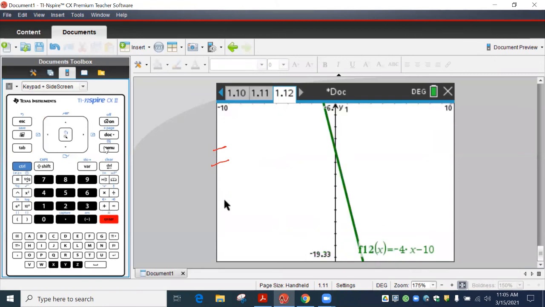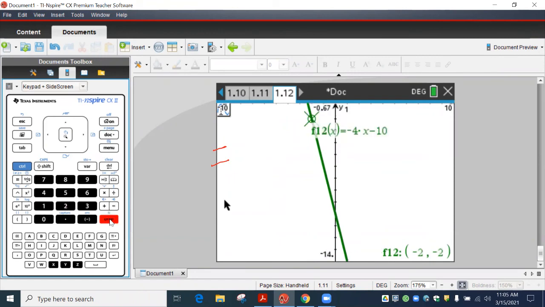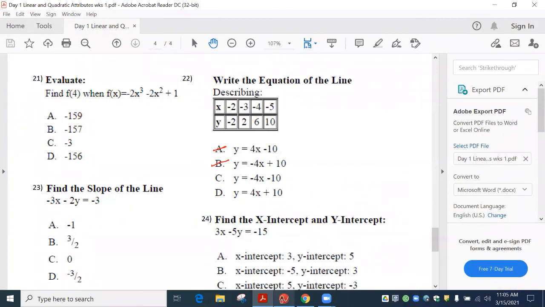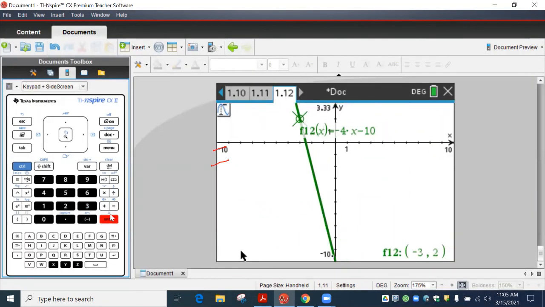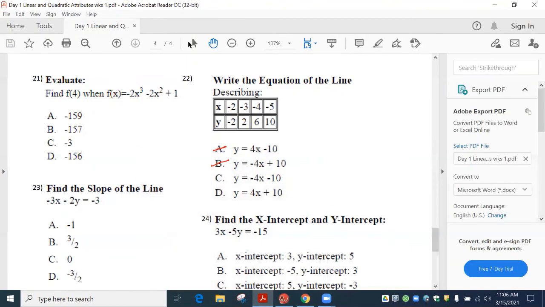Minus, hit enter, menu 5-1. And then we're typing in, what was the number again? -2. So -2, -2, -2. And then remember, you always need to check. So -3, see if it gives me +2. And -3 and +2 work. So the answer is going to be C.